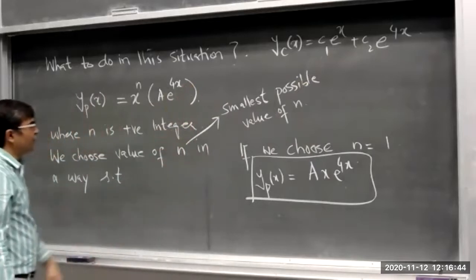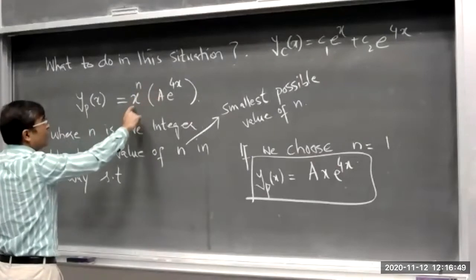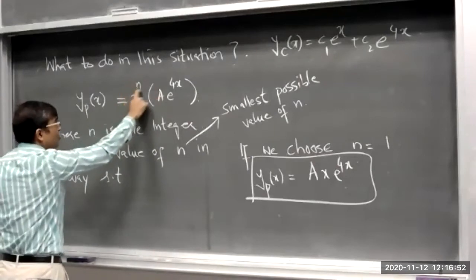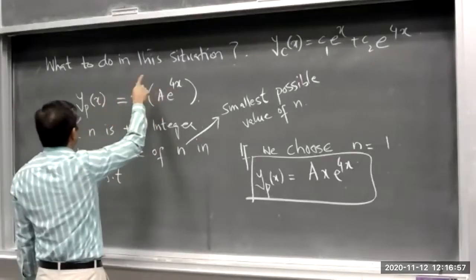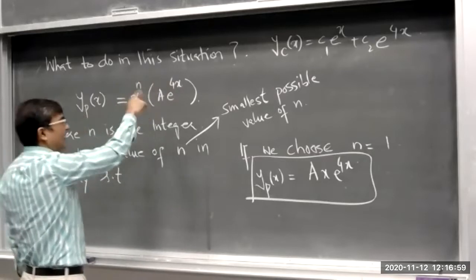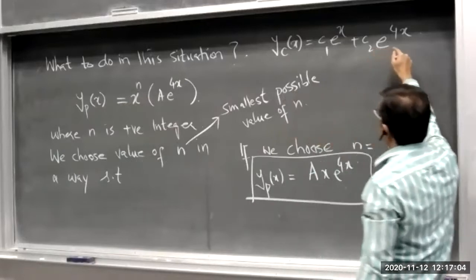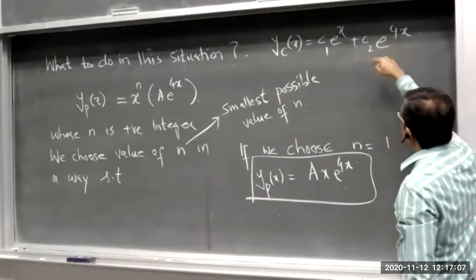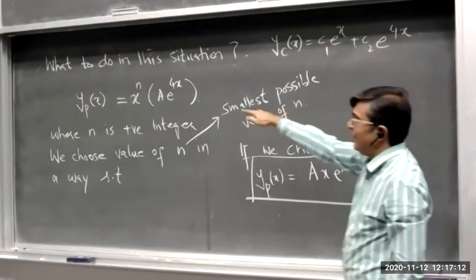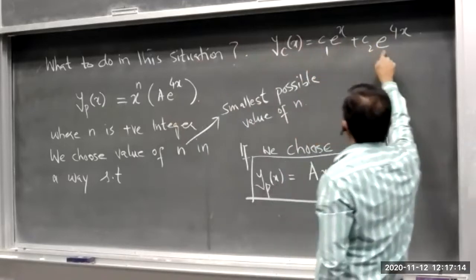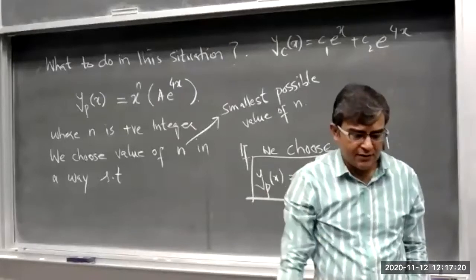And what we do in this situation, we multiply that assumed particular solution by x power n, and we choose the minimum value of n so that the repetition of the particular solution is eliminated from the complementary solution. Okay, so that it is not present in the complementary solution. I hope you get it. If you have any question, you can ask me.